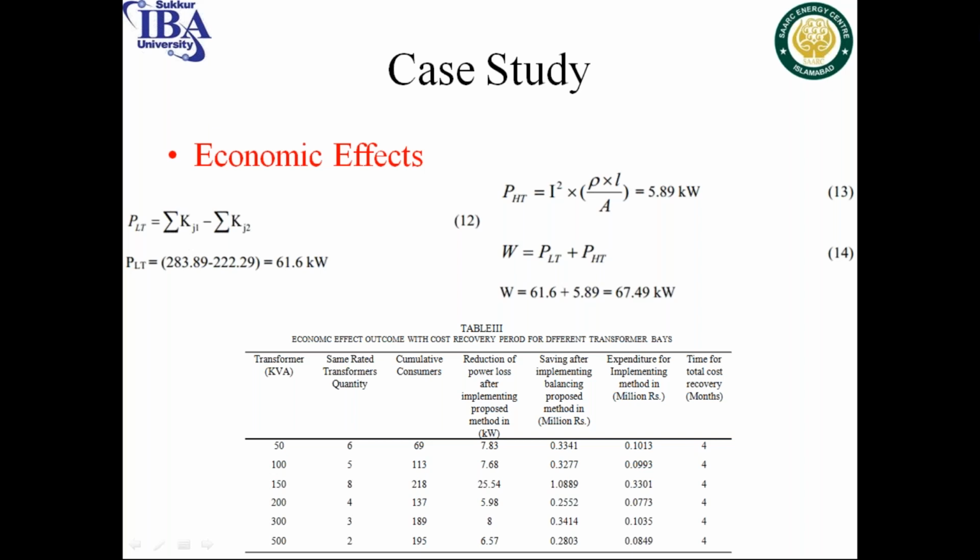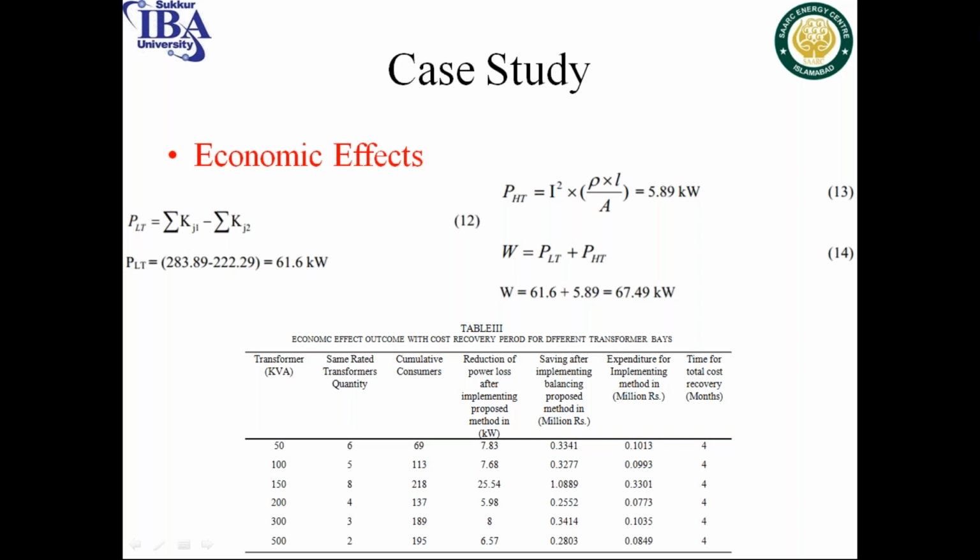So almost 68 kilowatt of losses can be reduced by just balancing the system, by using the star connected capacitor banks.